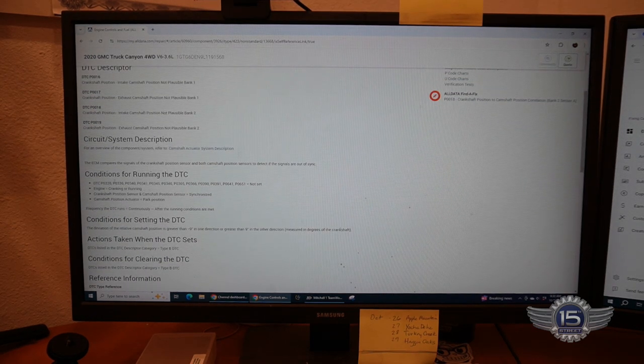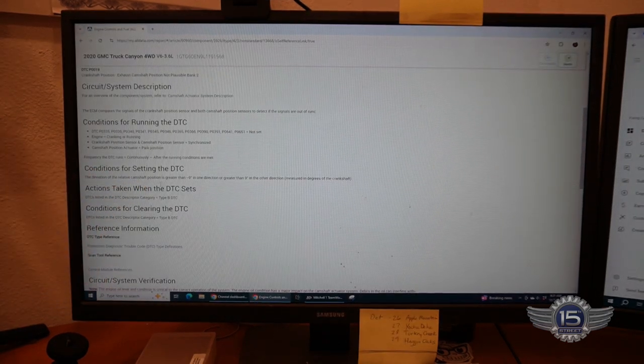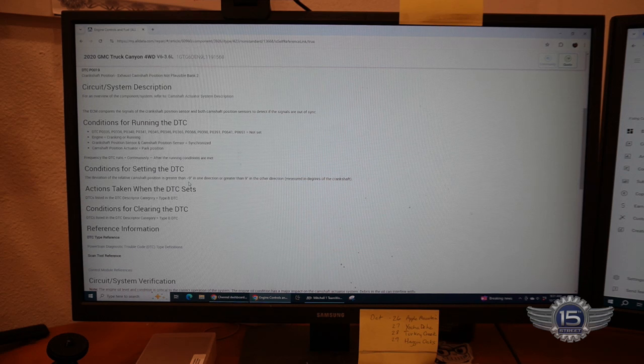So what I want to know is our conditions for running it. So basically engine running, and conditions for setting right here. Deviation of the relative camshaft position is greater than -9 degrees in one direction or greater than 9 degrees in the other direction. So plus or minus 9 degrees.